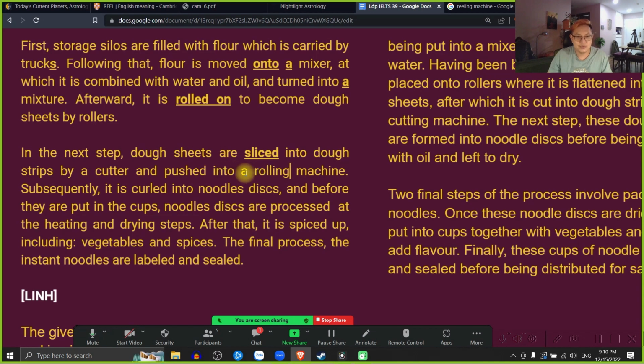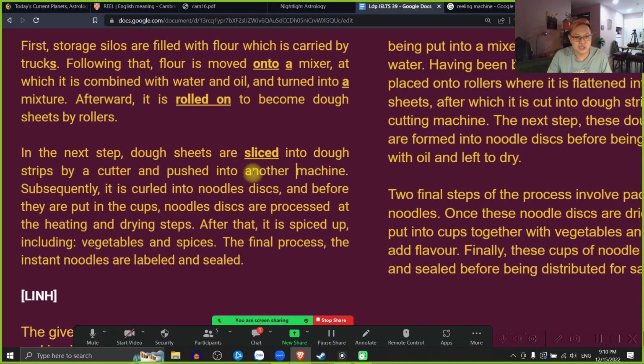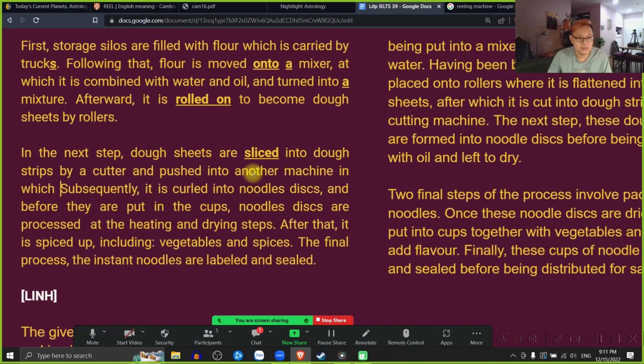Let's just say push into another machine in which it is subsequently curled into noodle disk.